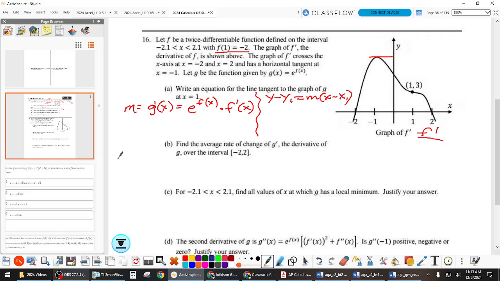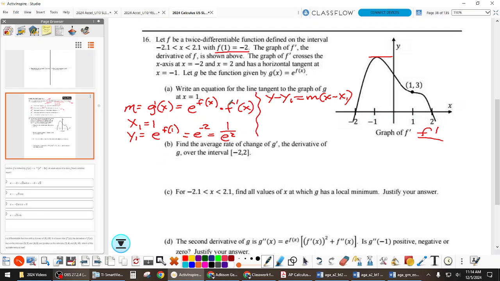Yeah, x1 is just 1. y1 is e to the f of 1, which we were told is negative 2. Okay.